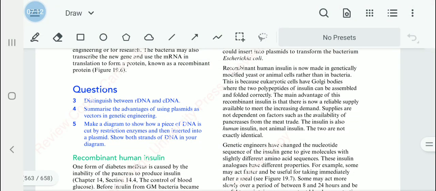Most modern insulin is made in modified yeast or animal cells because eukaryotic cells have Golgi bodies, which help the two polypeptides of insulin to be assembled and folded correctly.